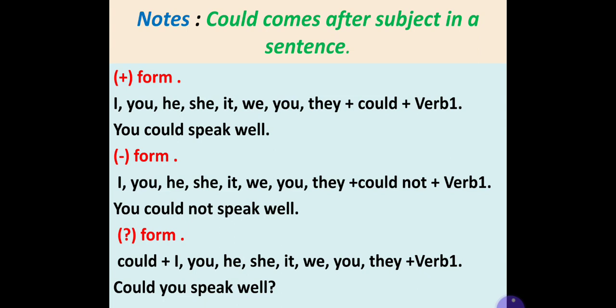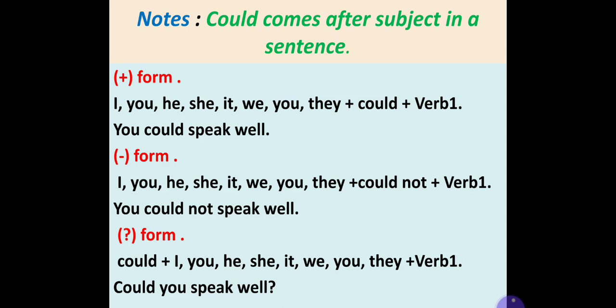How do we make a sentence? How can we make a sentence in affirmative form? First of all, you should use subjects. What kind of subjects do you know? Yes. I, you, he, she, it, we, you, they, these are subjects.